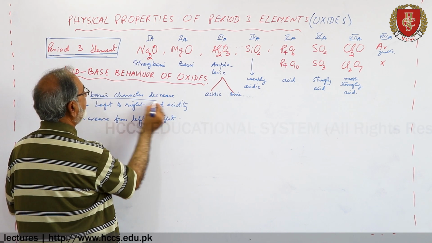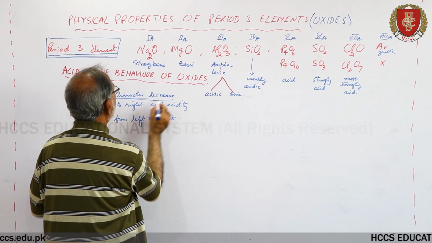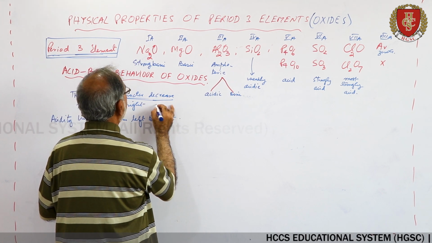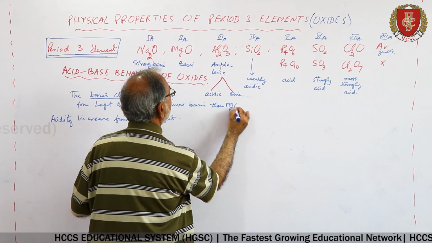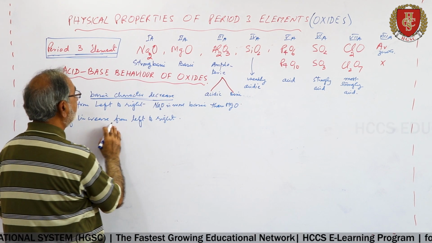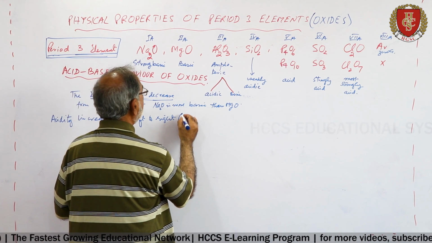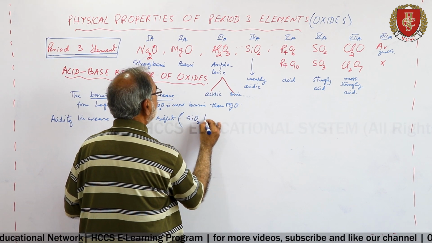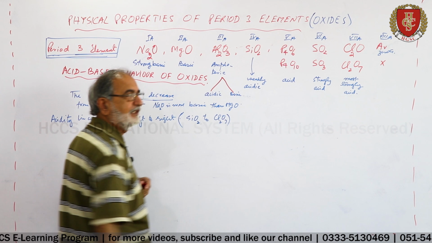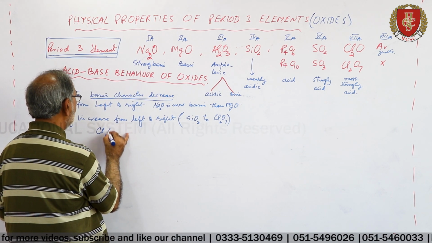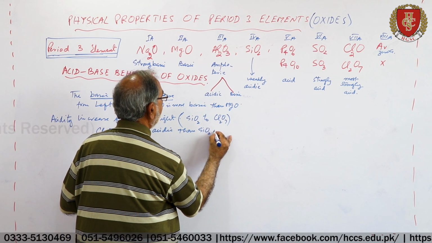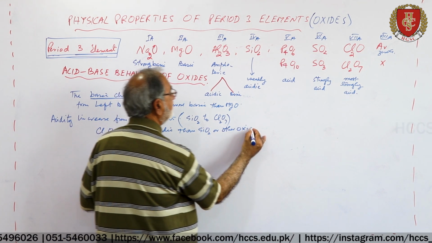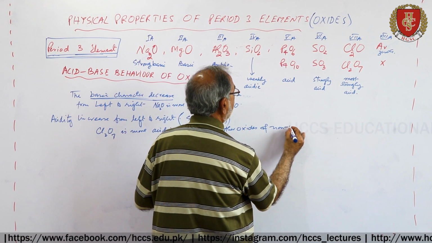Now the basic character decreases from left to right, that is the sodium oxide is more basic than magnesium oxide. Similarly, the acidity increases from left, especially from silicon to chlorine heptaoxide, means that Cl2O7 is more acidic than silicon oxide or other oxides of non-metals.